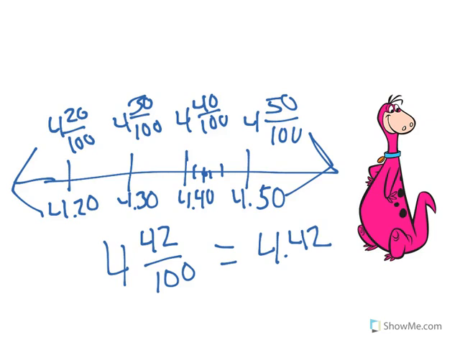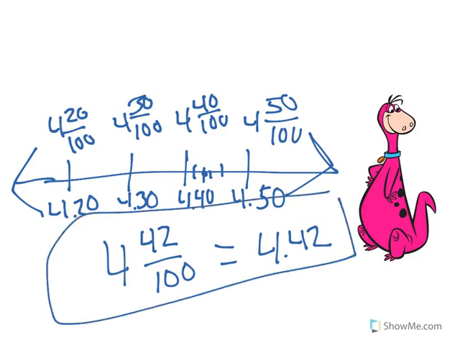On your homework today, they're going to want you to write it both ways, on every problem. Because they want you to understand that they're equivalent, that they equal the same thing. So 4 and 42 hundredths is the same as 4.42.